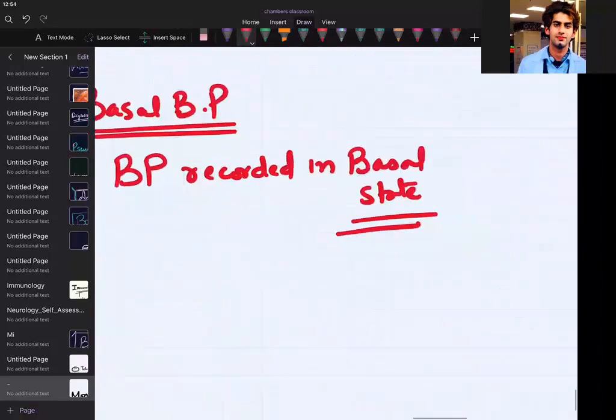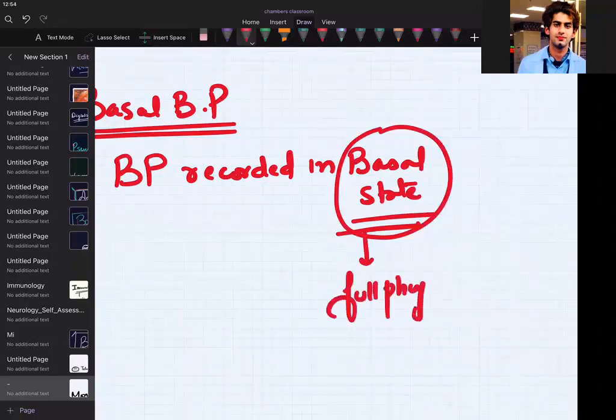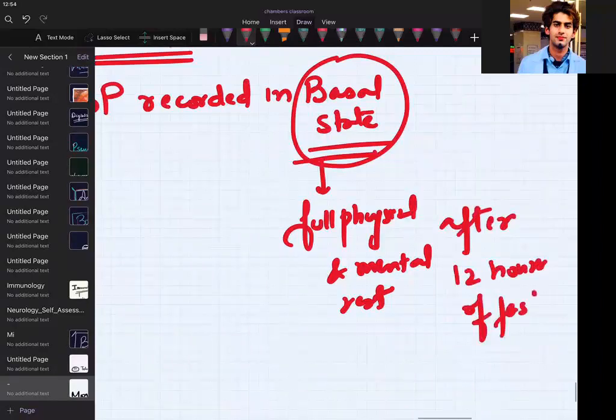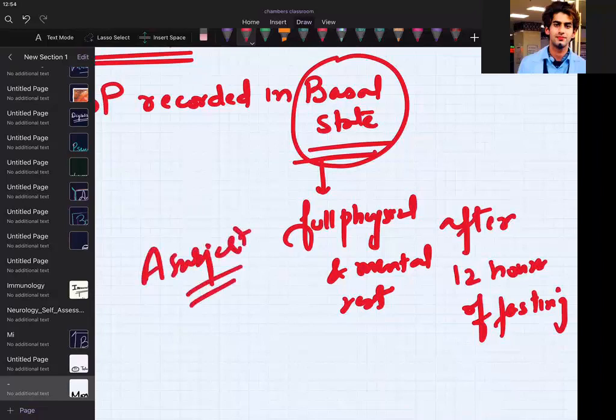Please remember, basal state means a state in which a subject, the person under study, is in full physical and mental rest after 12 hours of fasting. It's a term that you have to remember.